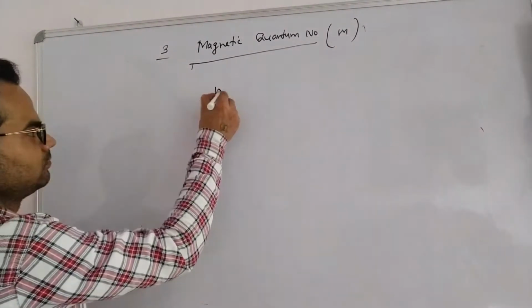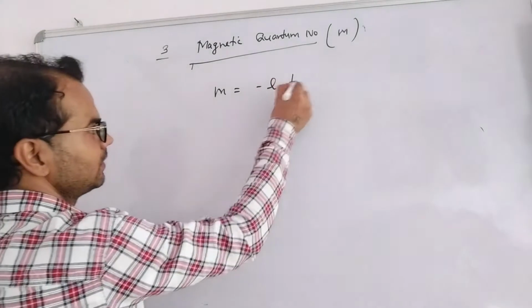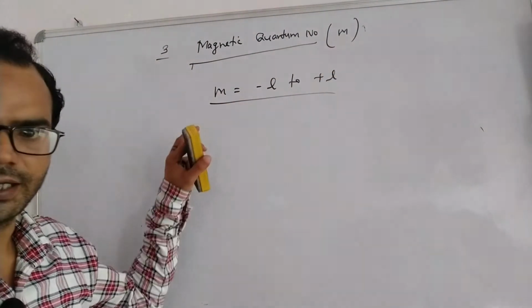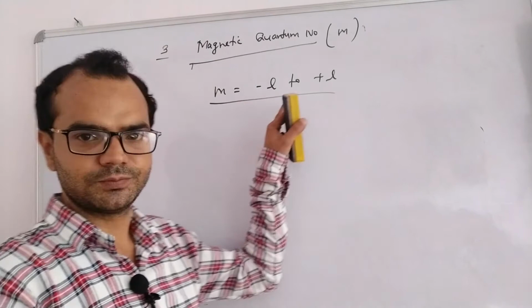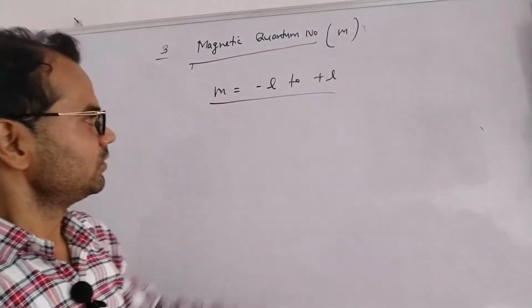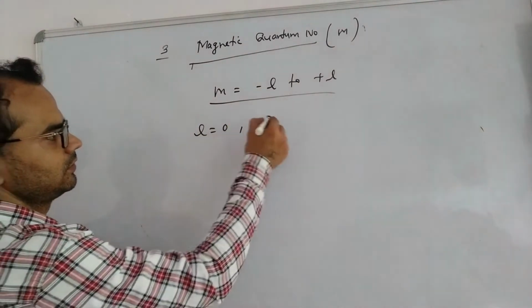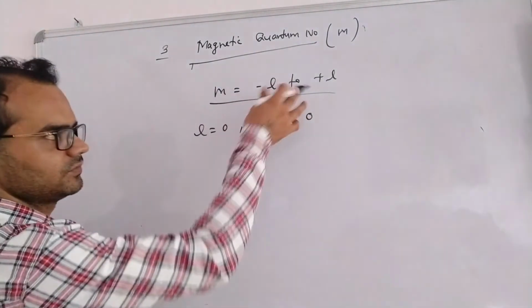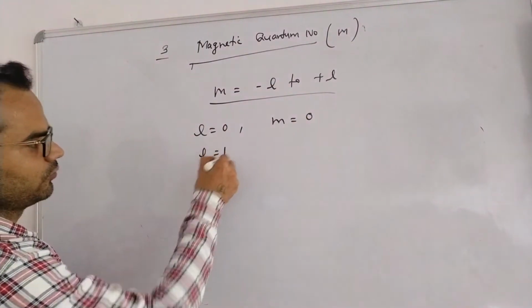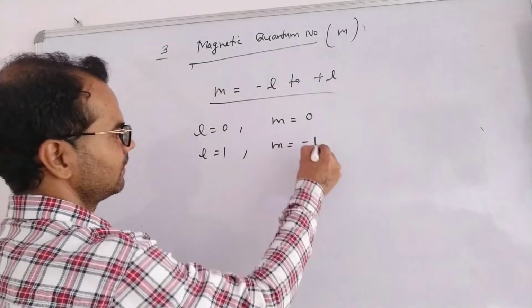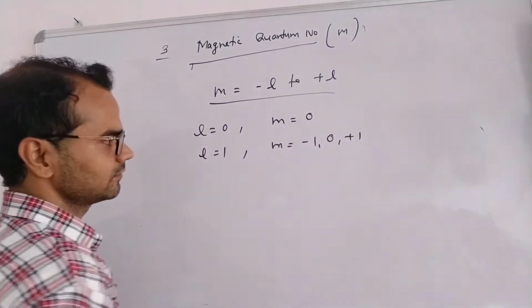m is equal to minus l to plus l. So if we say l equal to 0, m will be 0. If l equal to 1, m equal to minus l to plus l, so minus 1, 0, plus 1.